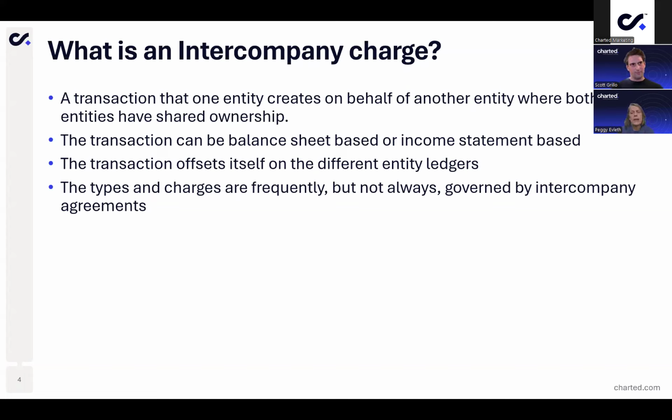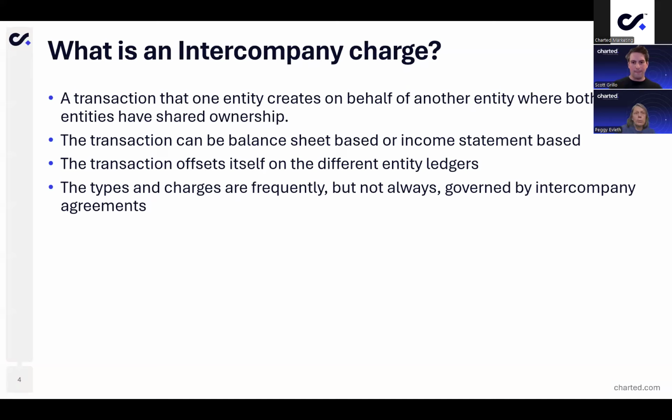So when company A lends company B money, company A has an asset, company B has a liability. So I have cash that may have gone back and forth. So cash goes from company A to company B. Company B is supposed to pay them back at some point. Company A has an asset, company B has a liability. So when I say that, that means that they're offsetting on the balance sheet.